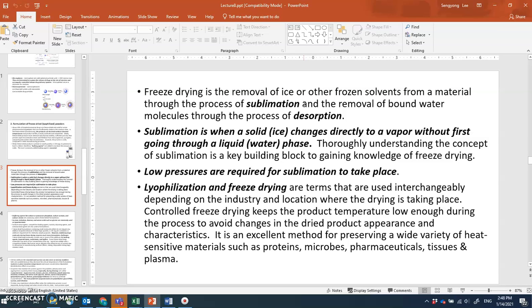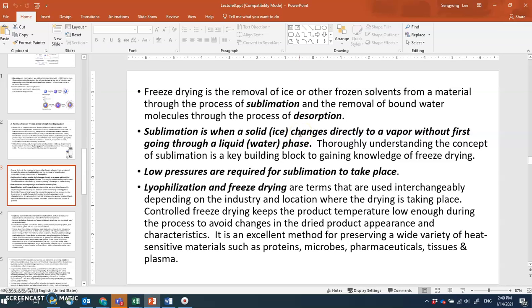So the liquid can become vapor. Then the question is, can you change crystal water form into vapor form without going through liquid form? The answer is of course yes. You can vaporize crystal water, which is ice, without going through liquid form. That's what sublimation is. Sublimation means your water is vaporized from water crystal, ice, directly without going through liquid form.